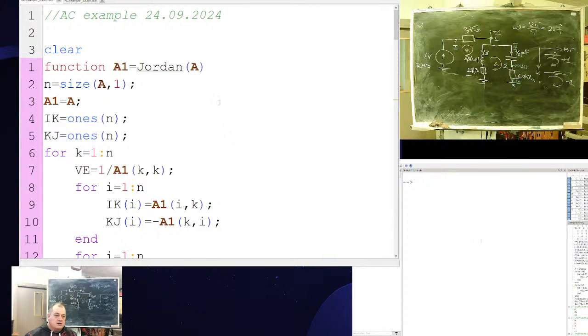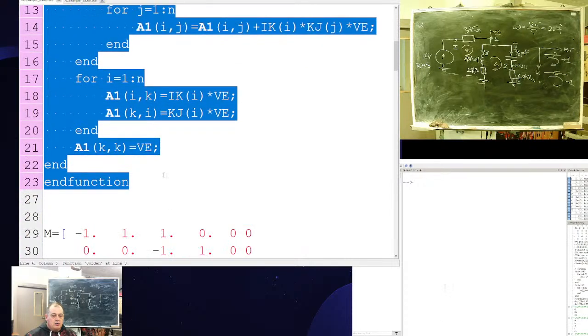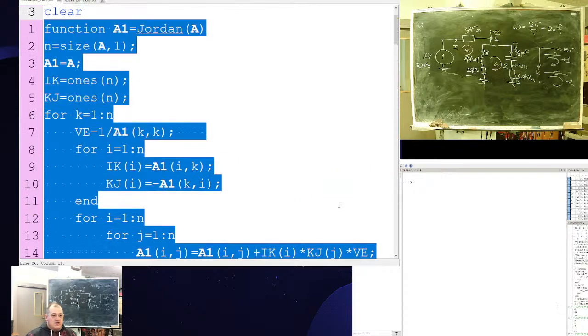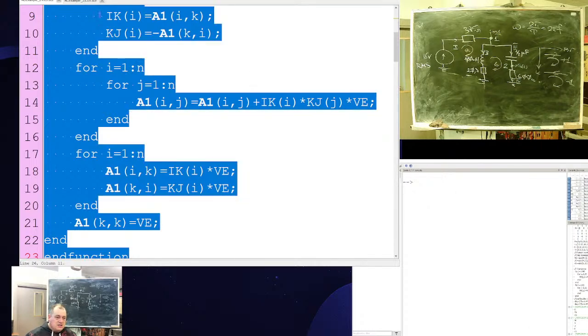More correct is a very simple technique called Jordan elimination. It's a derivative of the Gauss technique, but the idea is not to move to a triangular matrix, but to a unity matrix.